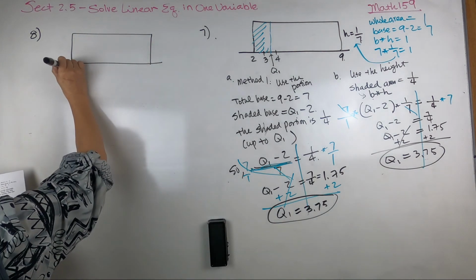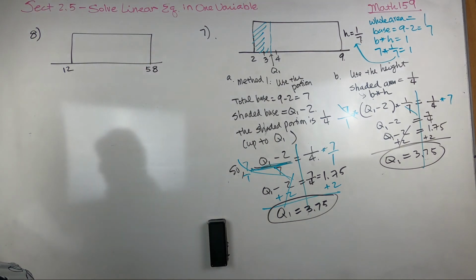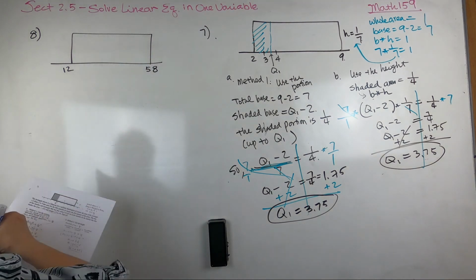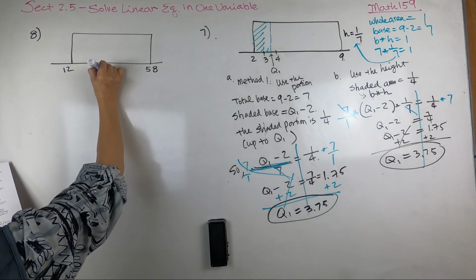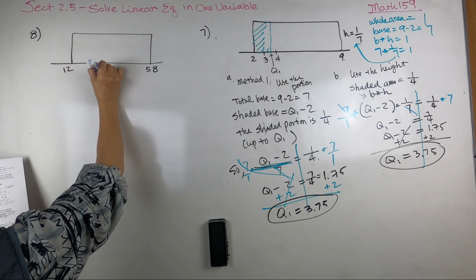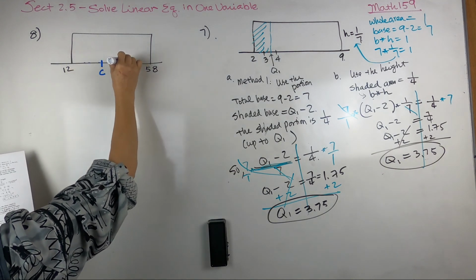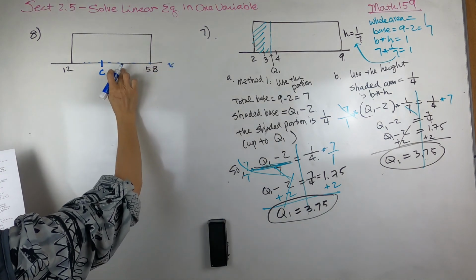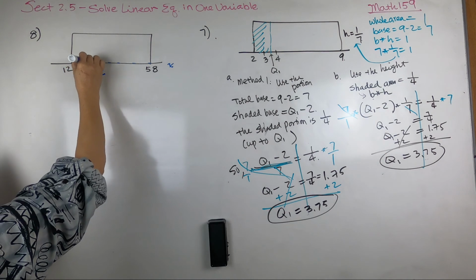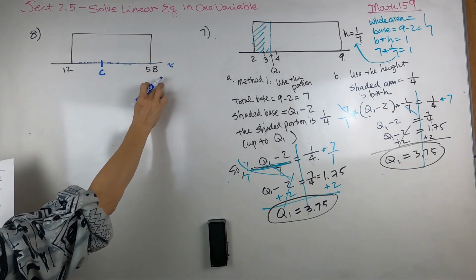Then it's from 12 to 58. The question is, find the value of c. All the things here are x, right? Then x can be here, x can be there, anywhere in between 12 and 58.